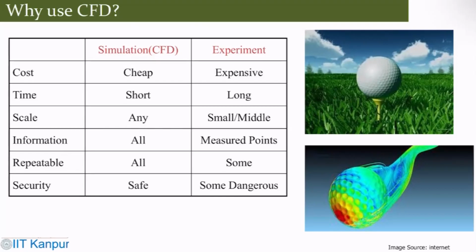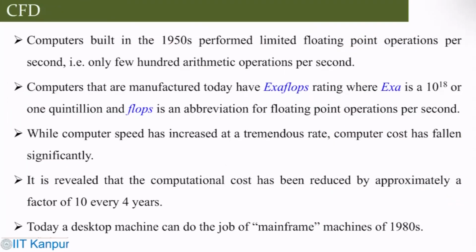Okay, so again, coming back to the CFD thing. The computers which were built in 1950 could do limited floating point operations, but today we can do exaflop floating point operations.